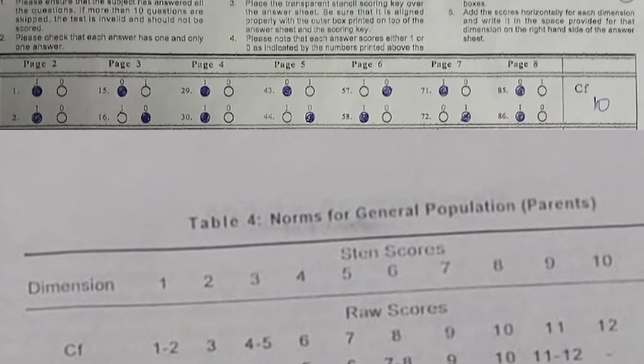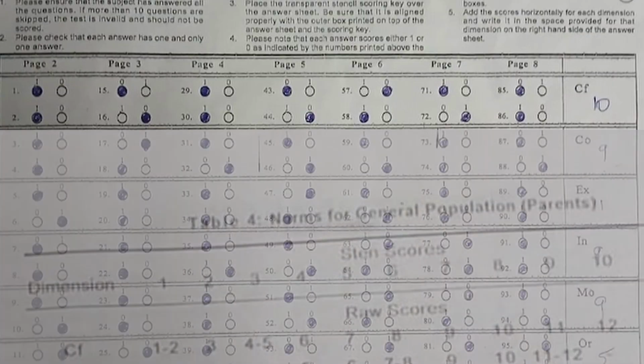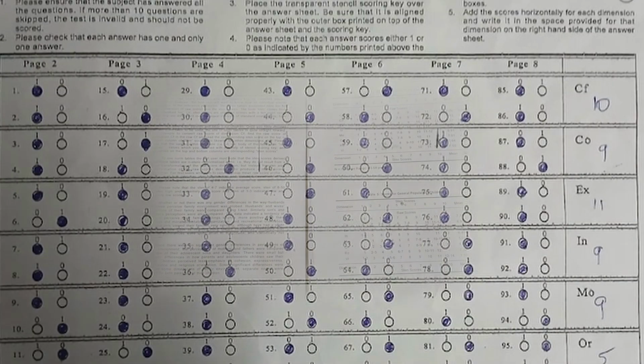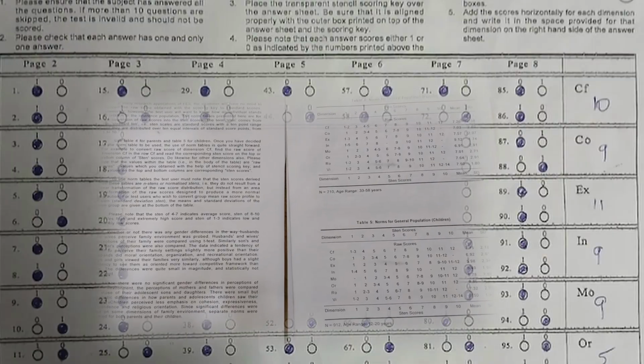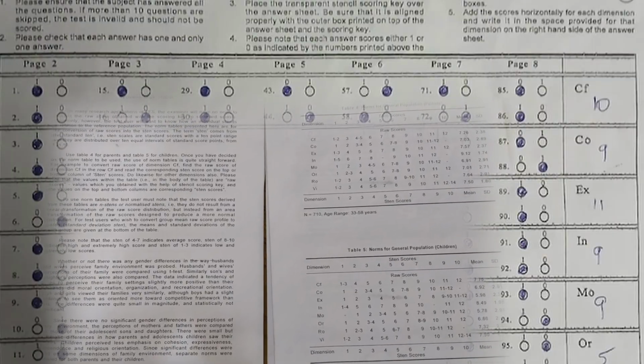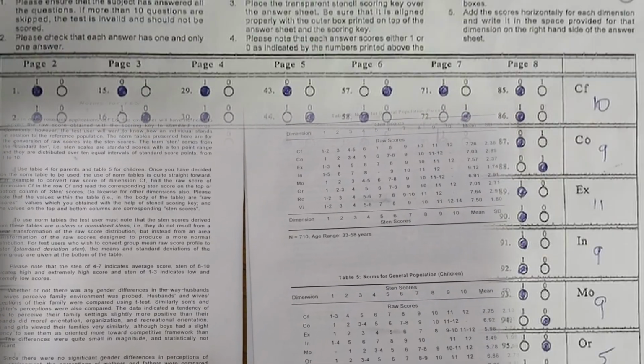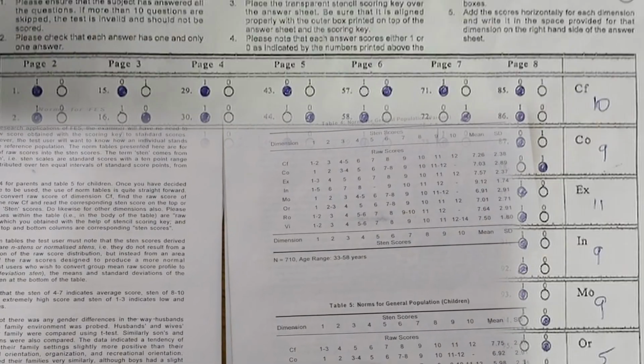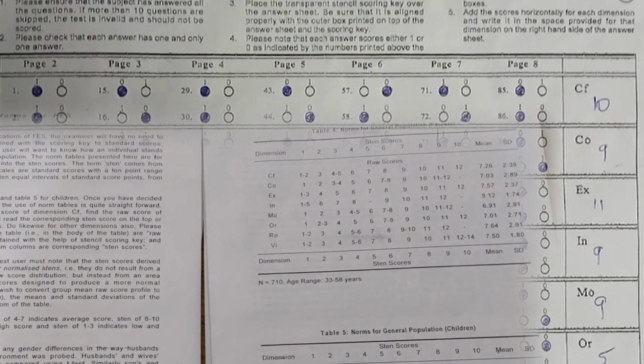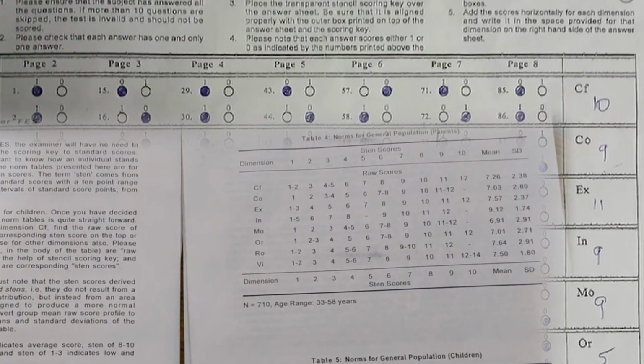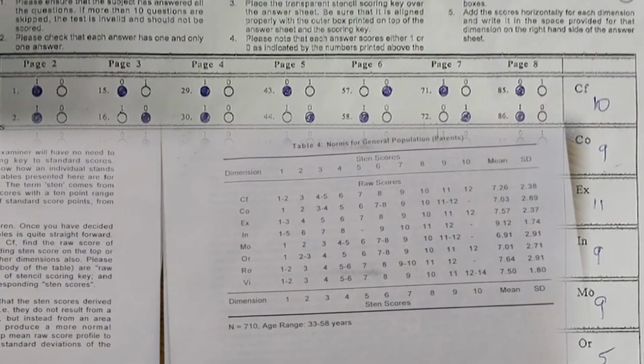Ma'am, what's the difference between the STEN score for parents versus children? If we're assessing children or if we're looking at children? Because this test was originally done as to how children perceive it. So on the basis of their perception, there is a difference in the two tests. All right. So if the person giving the test is perceiving his parents, we use the table above.